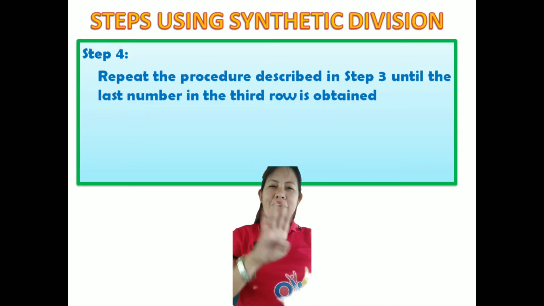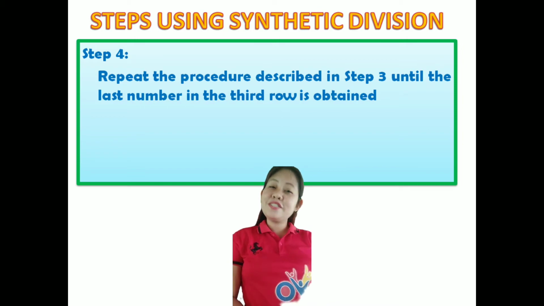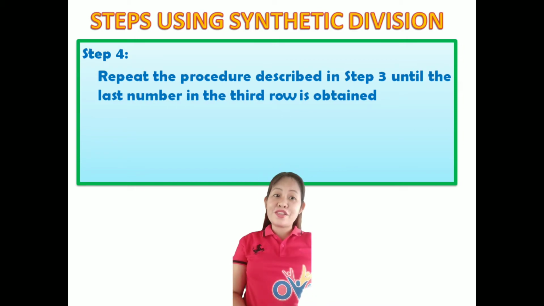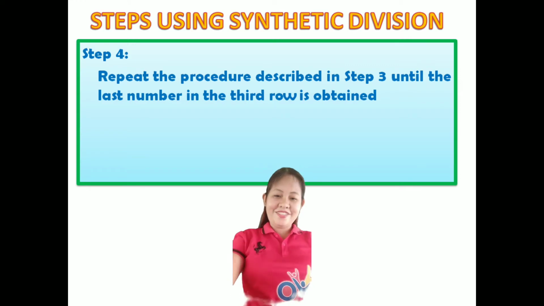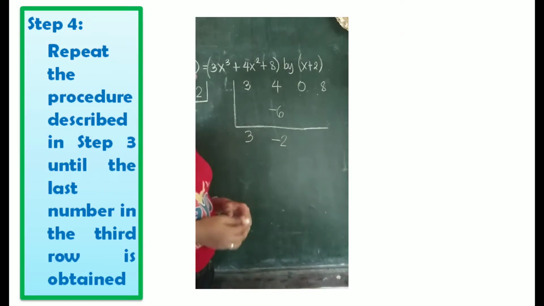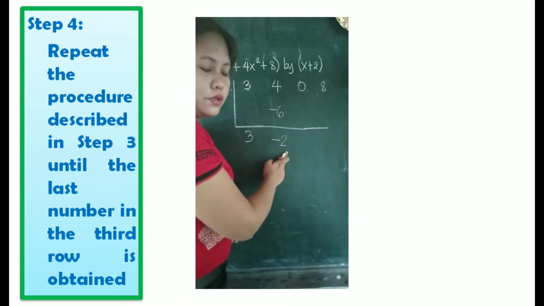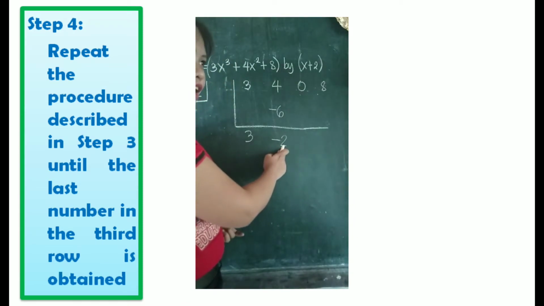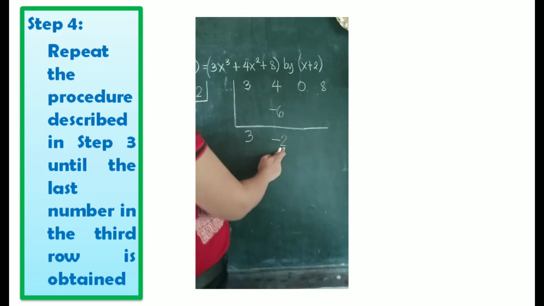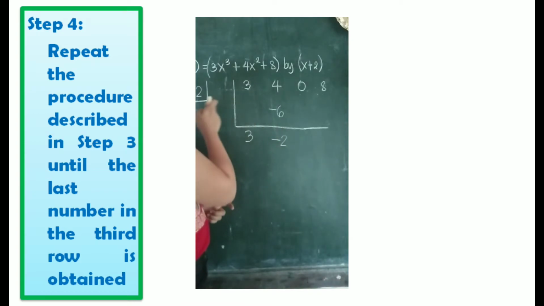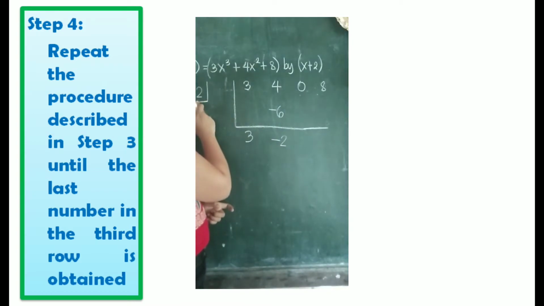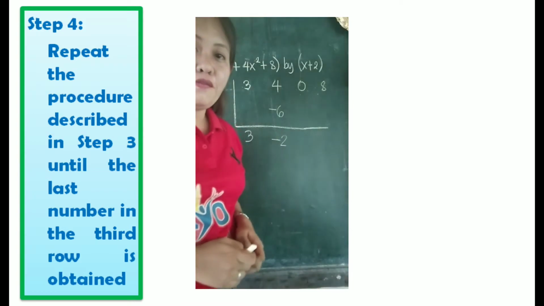Step 4. Repeat the procedure described in step 3 until the last number in the third row is obtained. Okay, step 4. Repeat the procedure. So we have here negative 2 in the third row, second column. Negative 2 multiplied by your divisor negative 2 is positive 4.